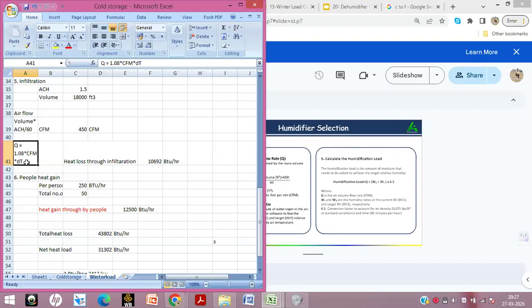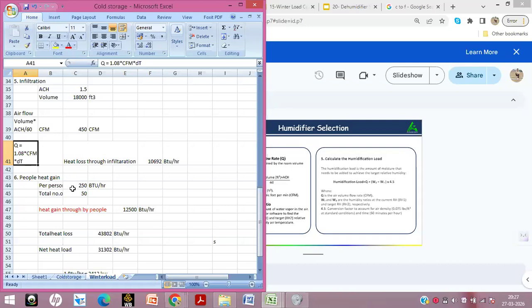Now we need to calculate per person 250 BTU per hour. Yes, heat gain per person is 250 BTU per hour.